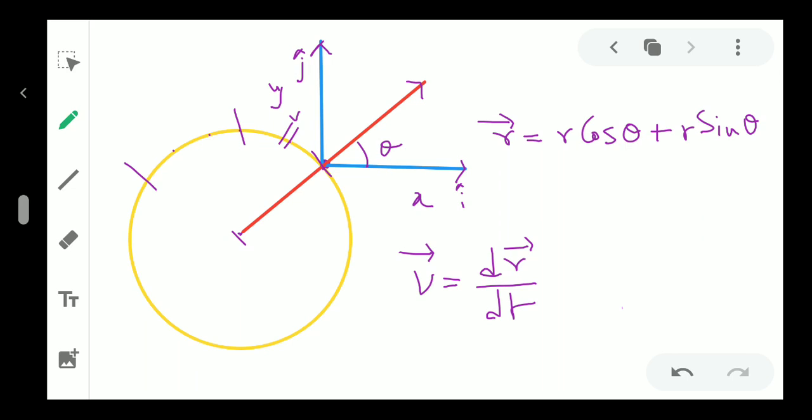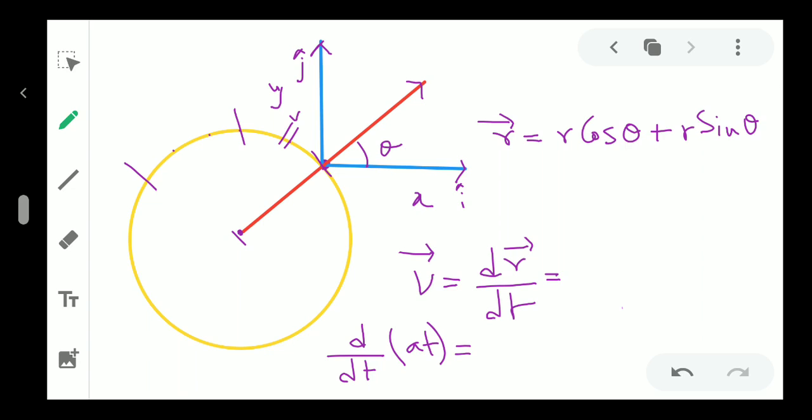So we have to do differentiation here, and if we differentiate this term, see r is a constant term, right? So r is not varying with time. So as r is not varying with time and it is a constant, it will come out. Now differentiation has some properties like this.